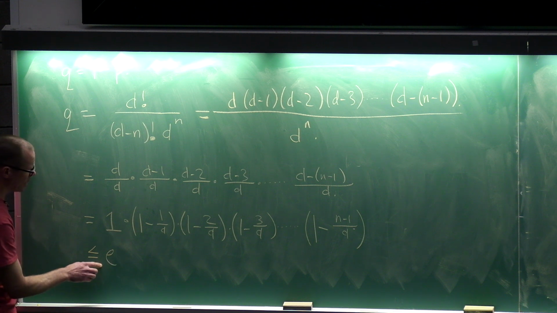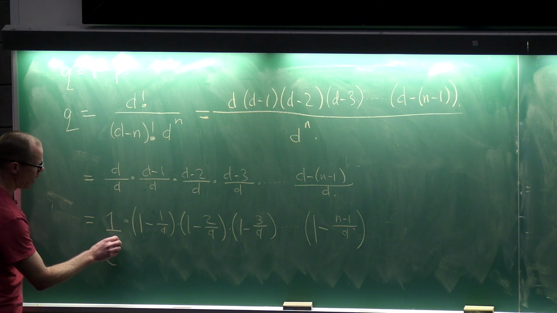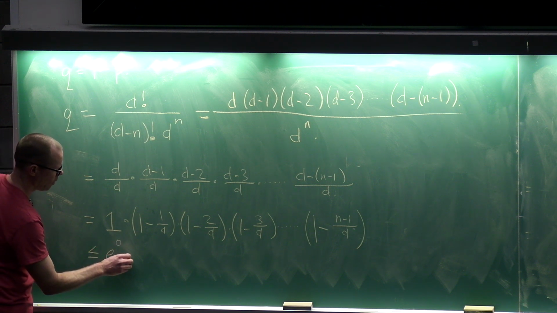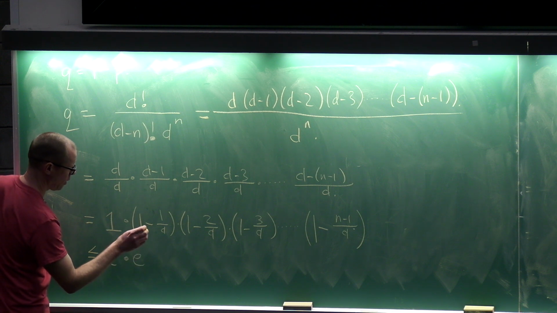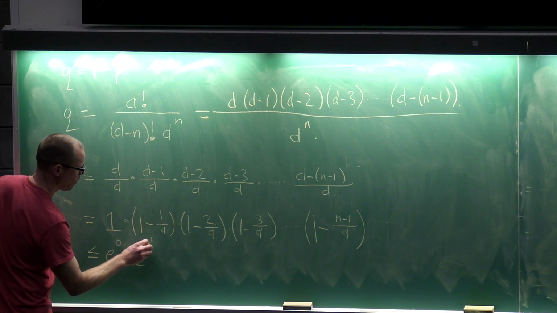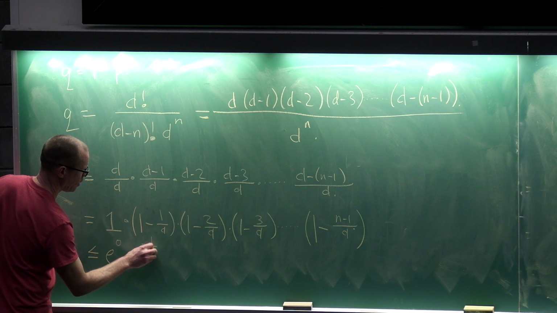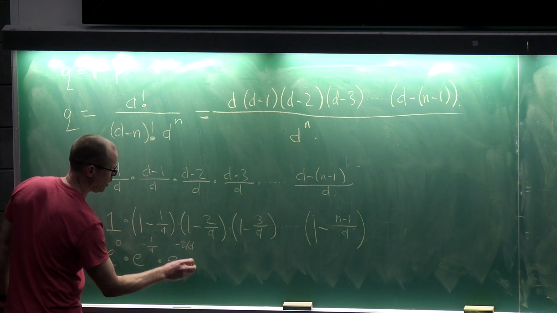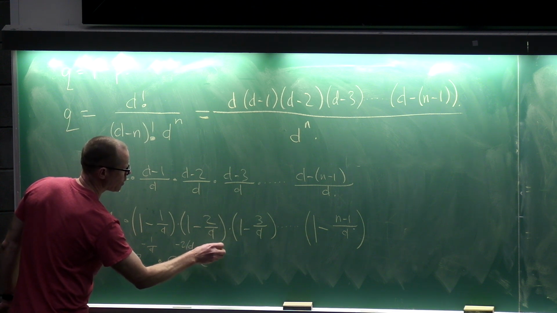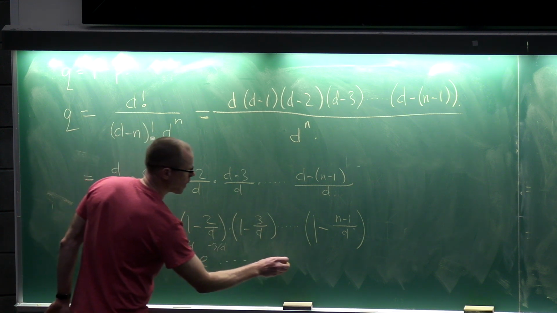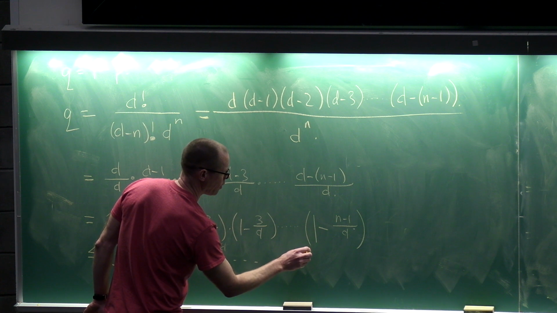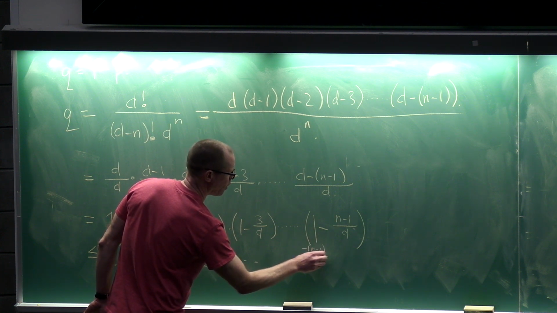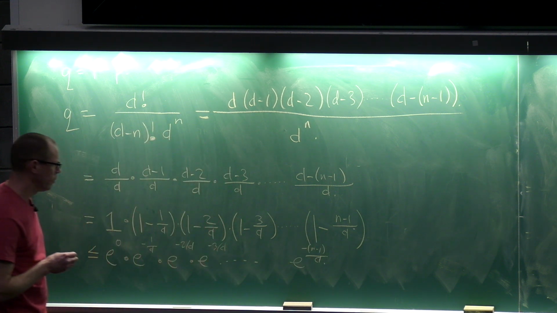So this is less than or equal to e to the 0 times e to the minus 1 over d times e to the minus 2 over d times e to the minus 3 over d all the way up to e to the minus n minus 1 over d.